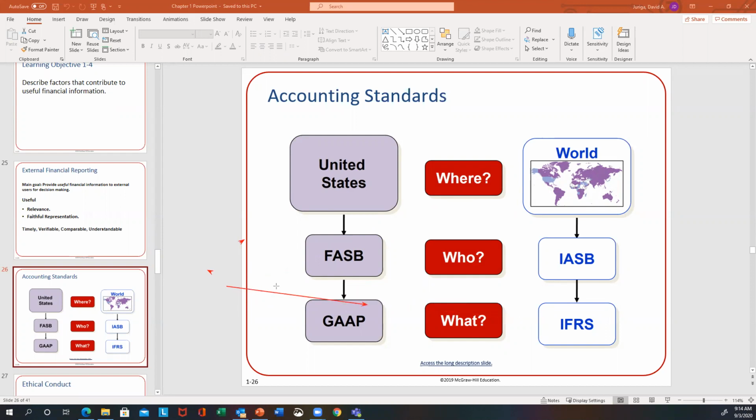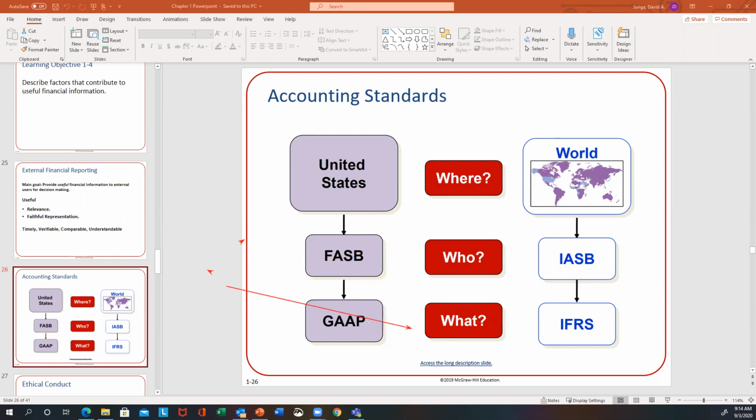The FASB and the IASB were trying to come up with a project where we could have one set of global rules, and it never happened. Nobody could ever agree on who should have the appropriate rules. Long story short, the project didn't work. And so we still have GAAP, and there's still IFRS.